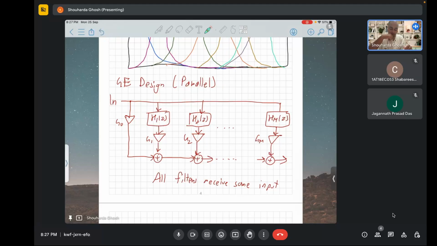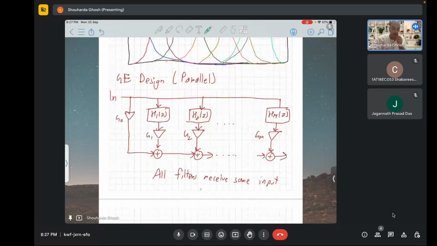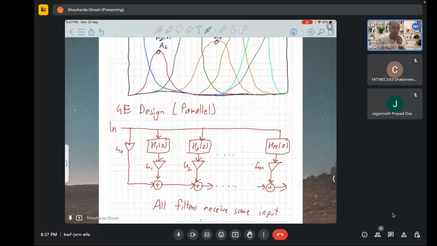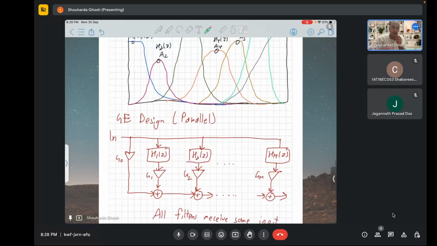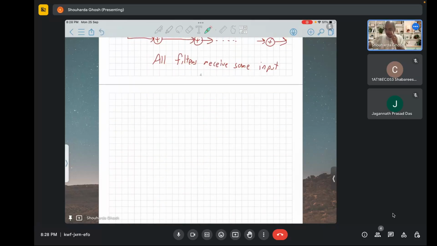The only thing that will vary is the adders. The adders here will be much wider. In the previous case there were no adders, as you can see, but here the adders will have larger bits in order to accommodate the maximum dynamic range of the signals involved. So that's about your basic graphic equalizer.